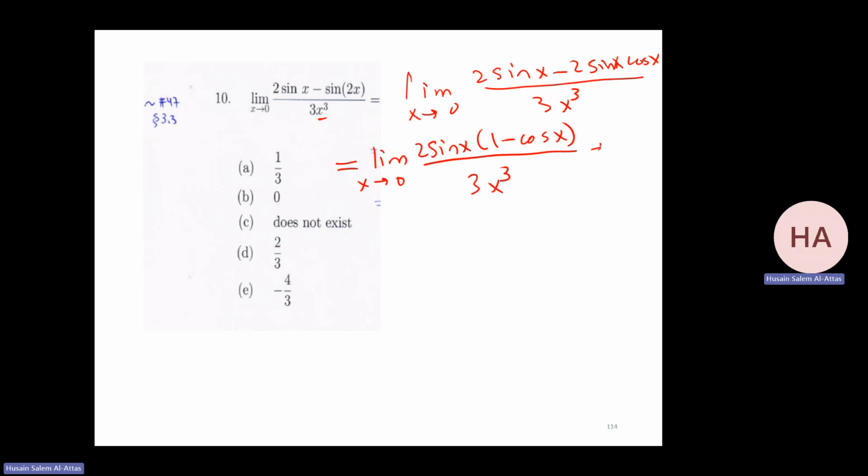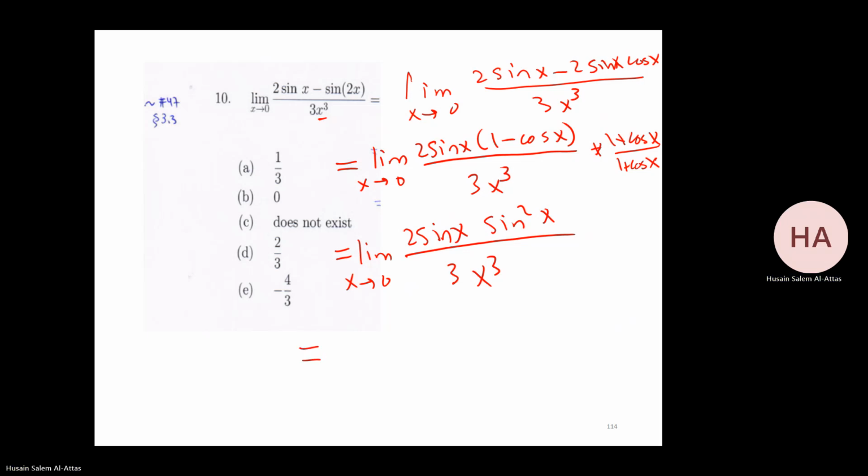So what I will do, multiply by 1 plus cosine x over 1 plus cosine x. And see what will happen. That will give me what? 2 sine x. I have 1 minus cosine squared, which is sine squared, over 3x cubed. So I have sine cubed over x cubed, which will give me now the 1. And don't forget 1 plus cosine x here.